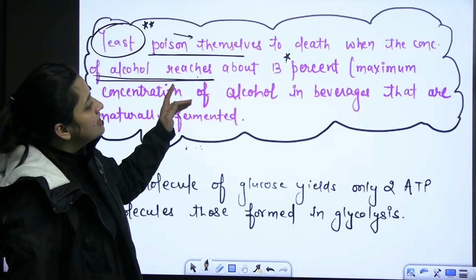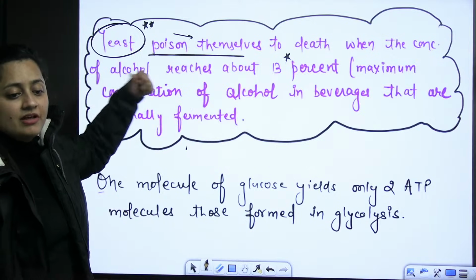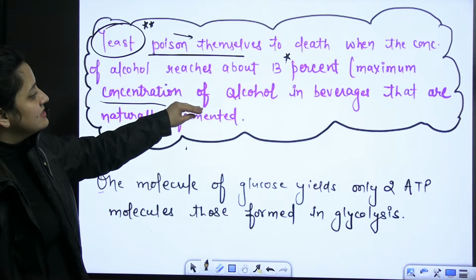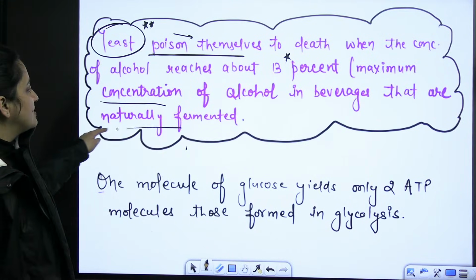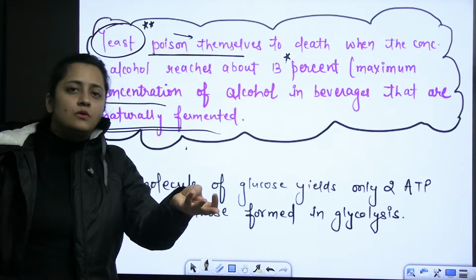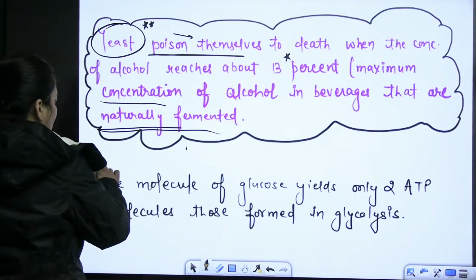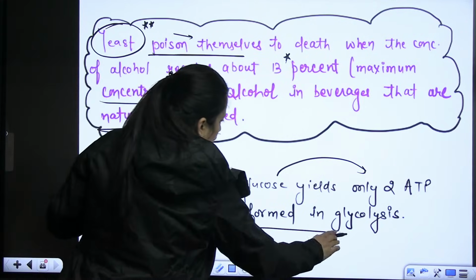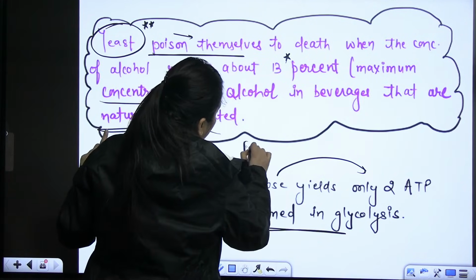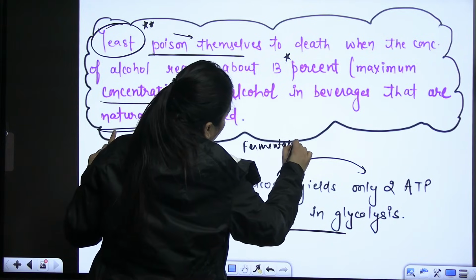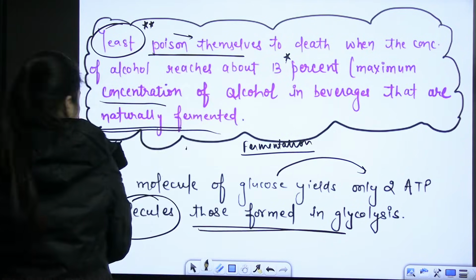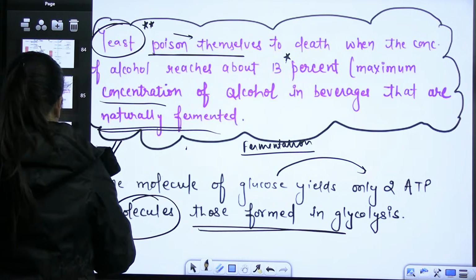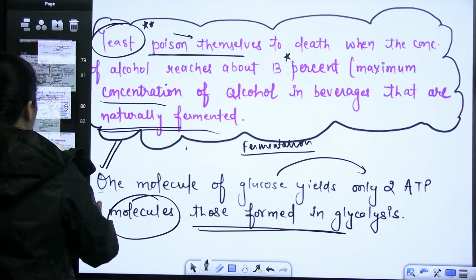This is from NCERT: yeast poison themselves to death when the concentration of alcohol reaches about 13%, and so it is the maximum concentration of alcohol in beverages that are naturally fermented, like beer, wine, etc. One molecule of glucose will yield only 2 ATP molecules, those formed in glycolysis, when you are talking about fermentation. Done? So this is all about it.